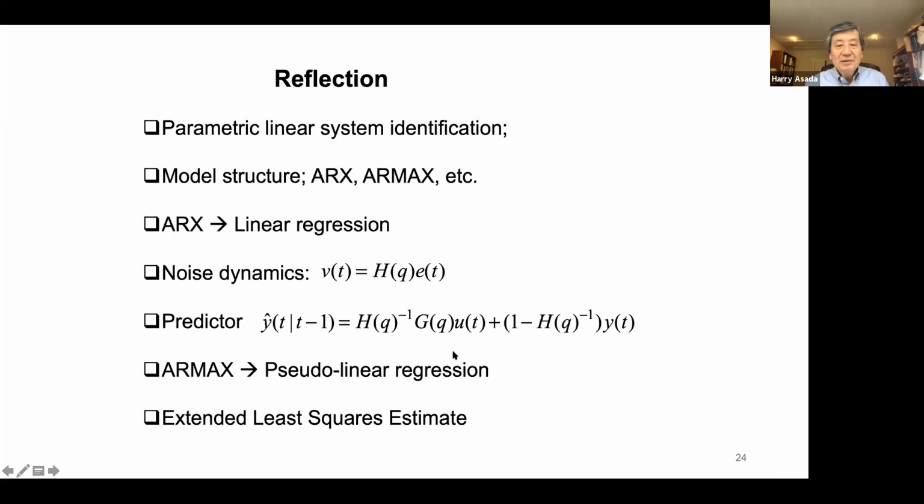And that actually requires some non-convex optimization, and we introduced the extended least square estimate today. That is to solve this ARMAX problem. ARMAX is actually the most popular, and you see this in many applications.